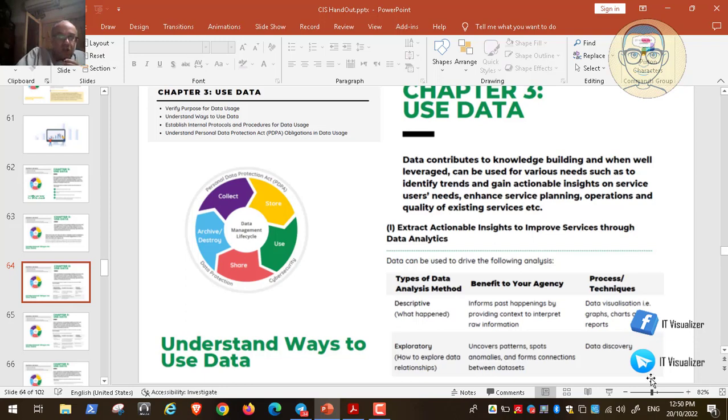So, exploratory: how to explore data trends between a specific amount of data. For example, some kind of data goes up and goes down.